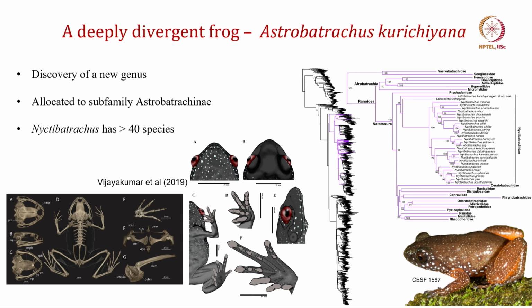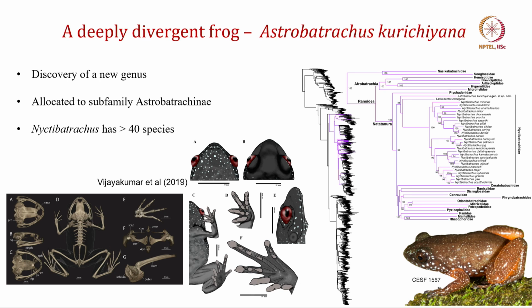So for example, this relatively newly described species of frog, Astrobatrachus kurichiyana from the Western Ghats, is again a single species of this genus, belongs to its own family or subfamily, and one of its closely related groups, as supported by current phylogenetic trees, is a family called Nyctibatrachidae, within which the genus Nyctibatrachus has over 40 species.